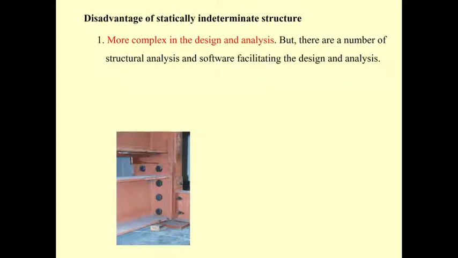The disadvantage, since the statically indeterminate structure requires very fixed support, is that the detail of the construction of this should take the moment, not only the typical shear and normal force.